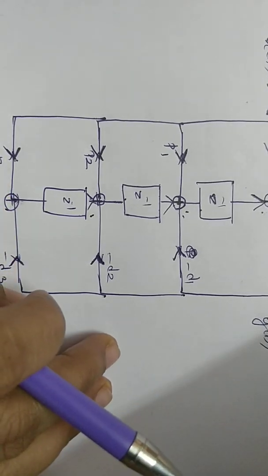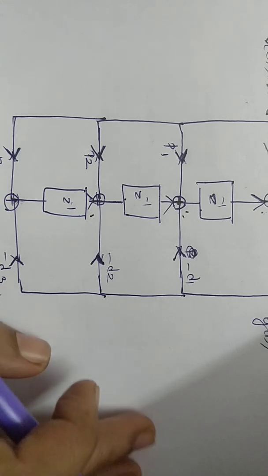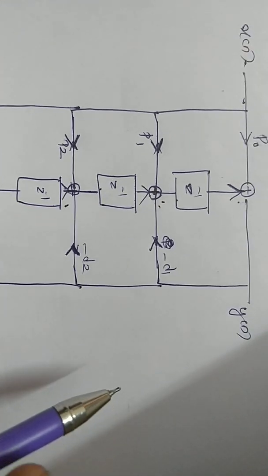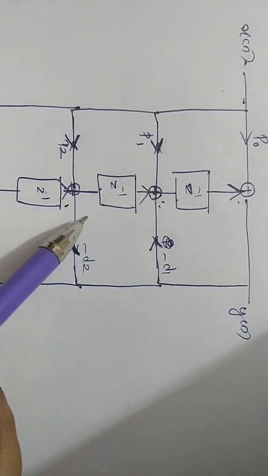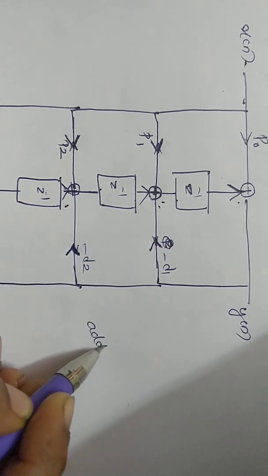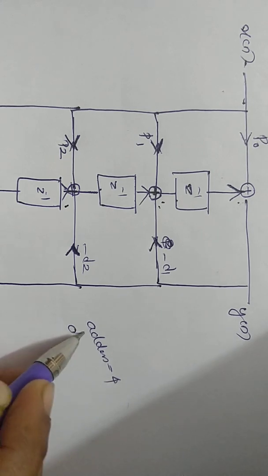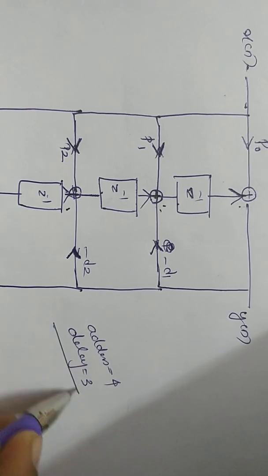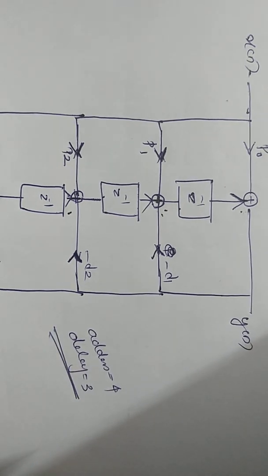This is the direct form 2 structure. Here you can see that the number of delays is reduced to 3, and the number of adders has reduced to 4. Adders 4 only, delays 3 only, in the case of the transpose structure of direct form 2 of an IIR filter.